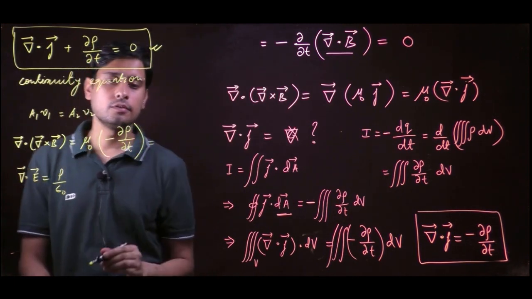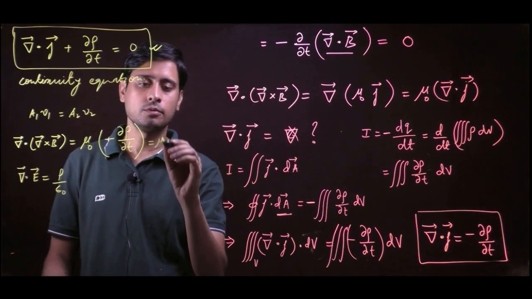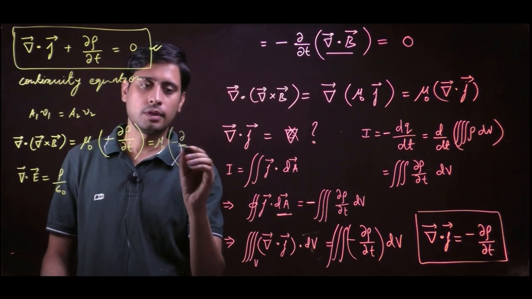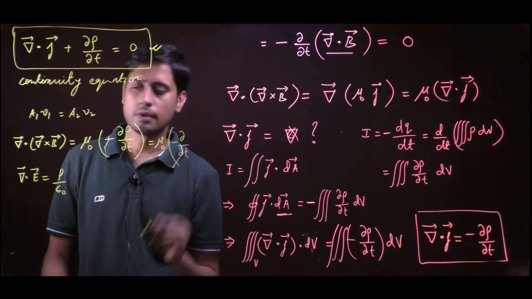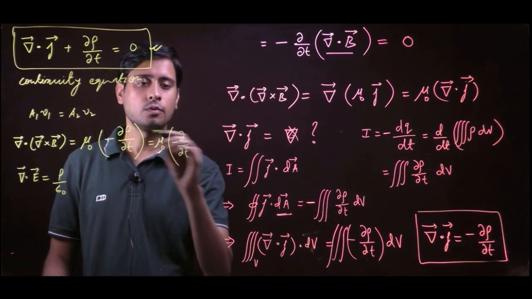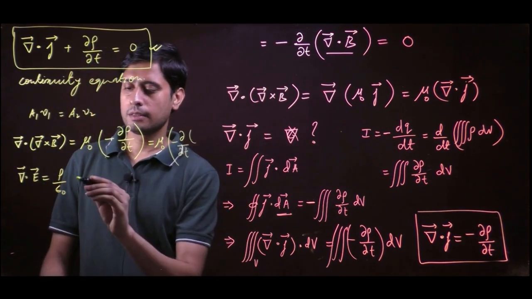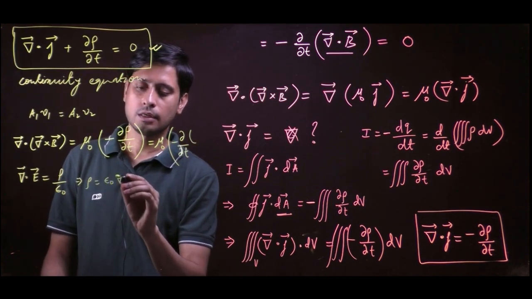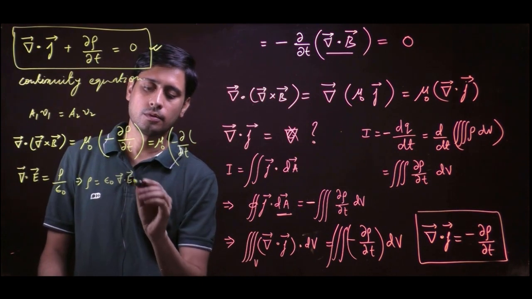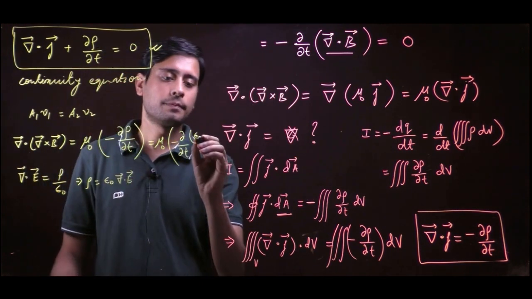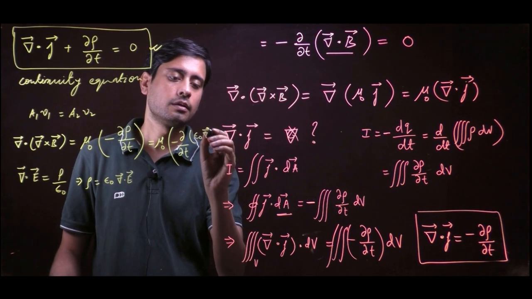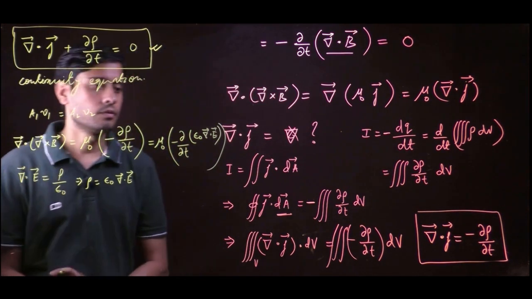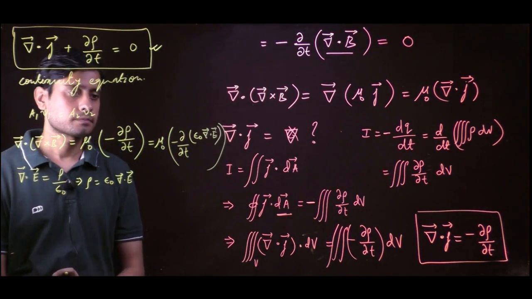So you have to write it like this: mu naught times minus del over del T, and rho will now be replaced by epsilon naught times del dot E. So epsilon naught del dot E here. So we have written this.